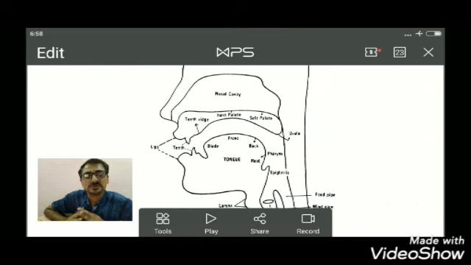And of course, the lips play a very important role again in the articulation of vowel sounds as well as consonant sounds. When we study the classification of vowels and consonants, we will talk about the role of lips.